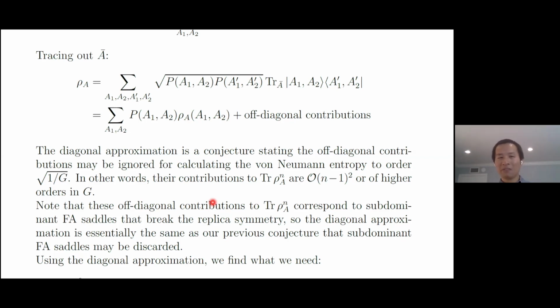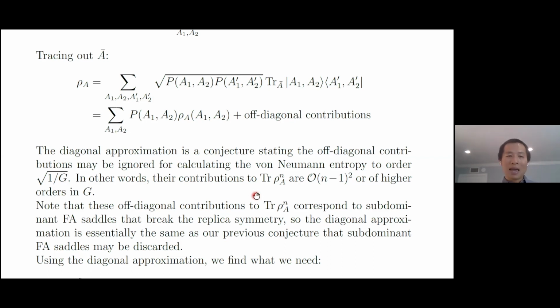And this is true even if we try to use fixed area states. This is precisely related to the fact that we don't yet have a gravitational way of arguing that the off-diagonal contributions here must be small. Because if we had a way of writing it out using path integrals, then we should be able to analyze it and find that it is indeed small.